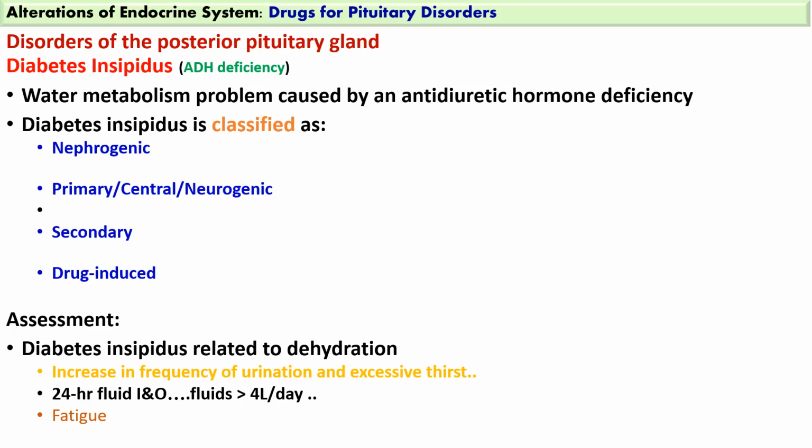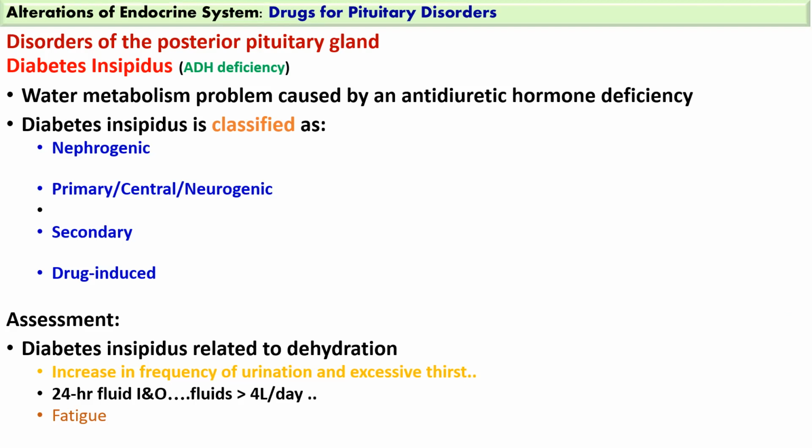These are two out of the long list of medications, but these are the most common ones that may lead to diabetes insipidus. So the assessment, diabetes insipidus related to dehydration.